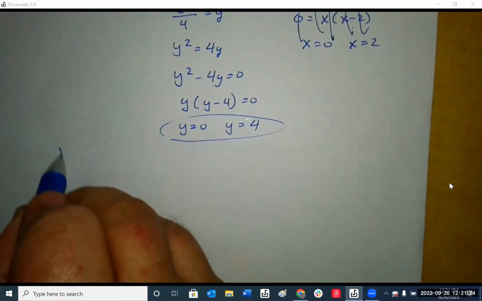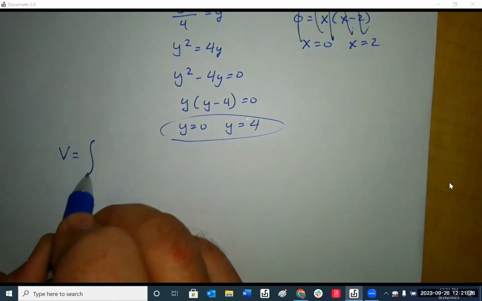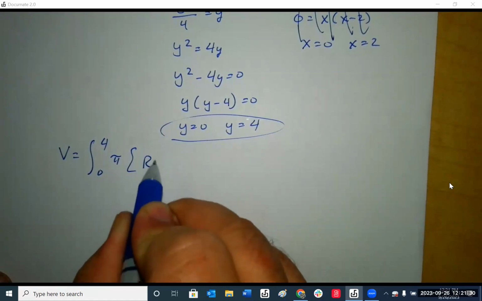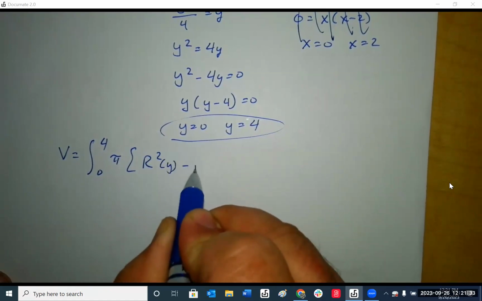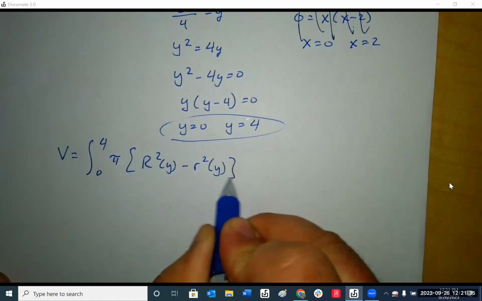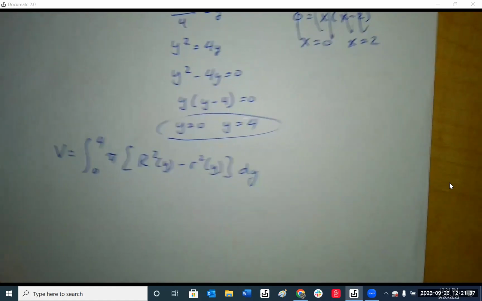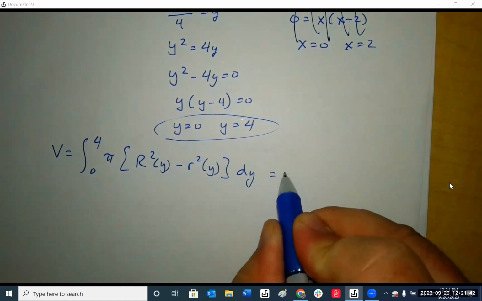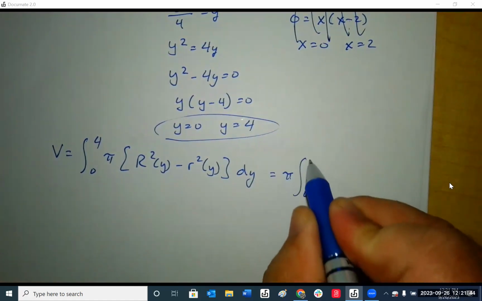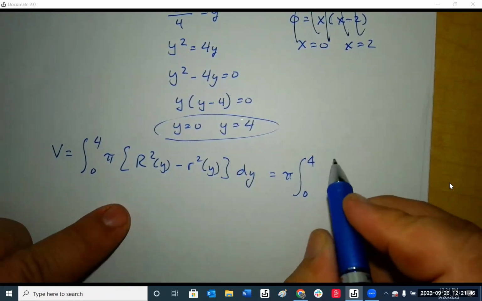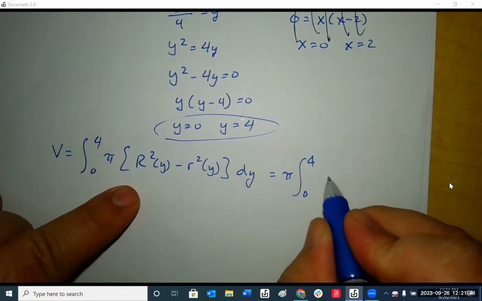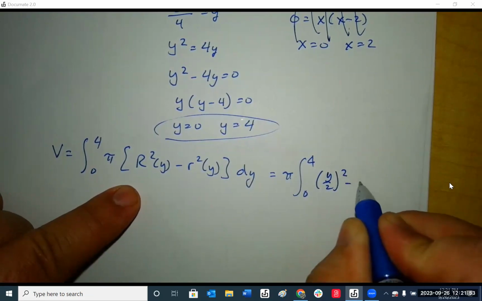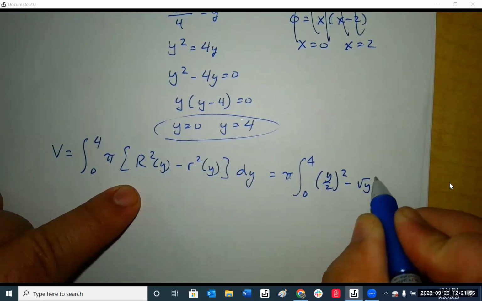So then our volume is from 0 to 4 of pi r squared y dy. So big R is y over 2 squared minus square root of y squared.